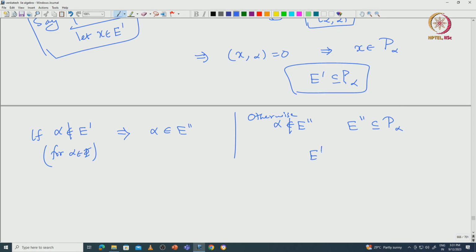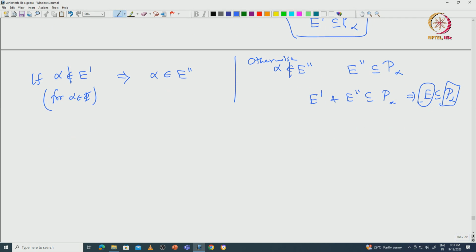Then both E dash and E double dash are subsets of P alpha, that forces E to be a subset of P alpha, which is absurd because P alpha is an l minus 1 dimensional space and E is an l dimensional space. So, P alpha is a proper subspace of E, that gives us a contradiction. That means whenever alpha is not in E dash, that forces alpha to be in E double dash.